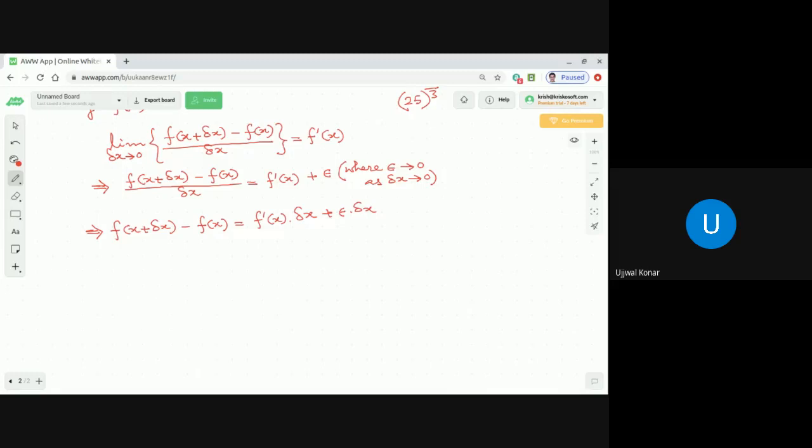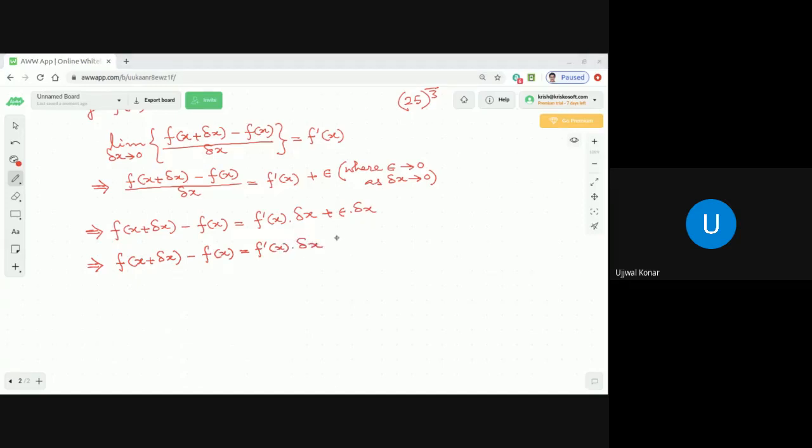Correct, no? For example, 0.02 is a very small number and 0.003 is also a small number. Now, if you multiply 0.02 and 0.003, that will be an even smaller number. So from a sense of approximation, we can ignore the term epsilon into delta x. So then what are we going to get? We are going to get f of x plus delta x minus f of x is equal to f dash x into delta x.